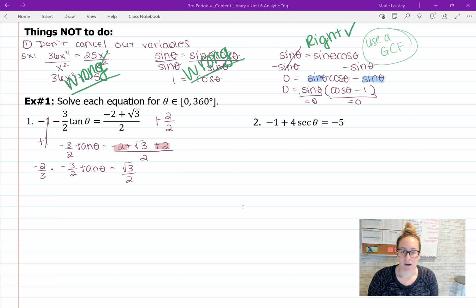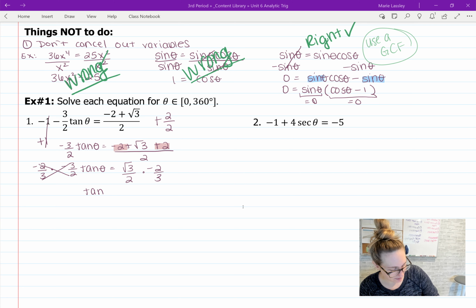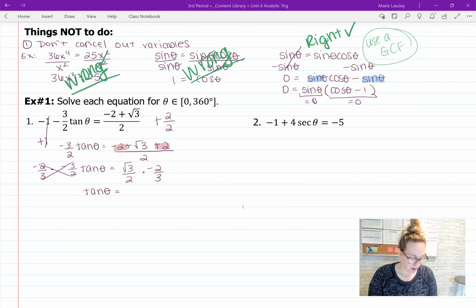And so that's then going to become positive tangent theta equals, all right, now the 2's simplify out, and this leaves me with just -square root of 3/3. All right, so I have tangent theta equals negative square root of 3 over 3. All right, now the tangent is all by itself.